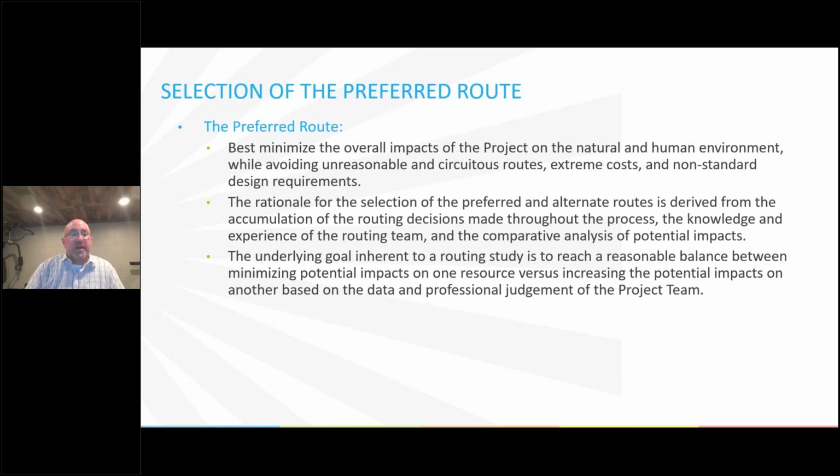The underlying goal inherent to a routing study is to reach a reasonable balance between minimizing potential impacts on one resource versus increasing the potential impacts on another based on the data and professional judgment of the project team.